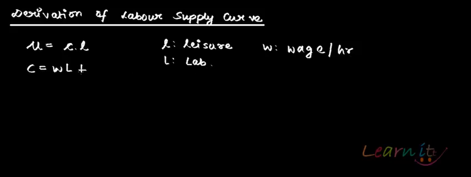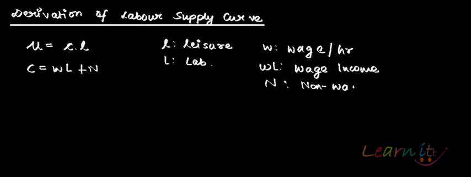So WL becomes the total wage income. Let us add non-wage income also, N, so adding these two gives the total income.